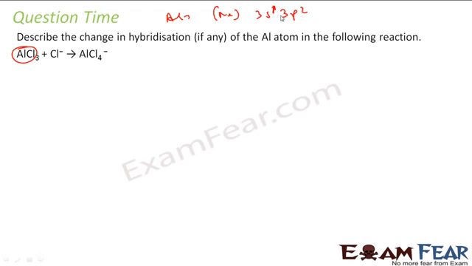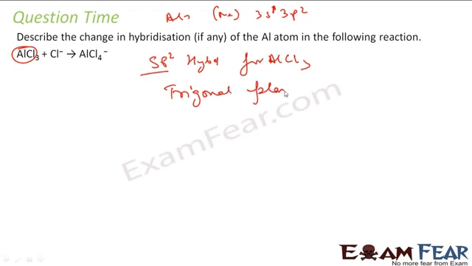So it goes for sp2 hybridization for AlCl3. Thus, since it is sp2, my shape is trigonal planar for AlCl3.